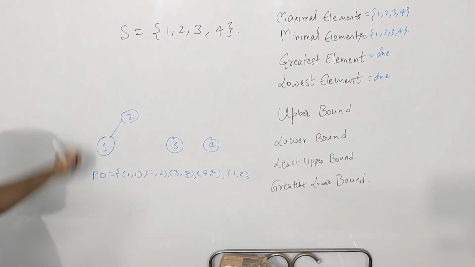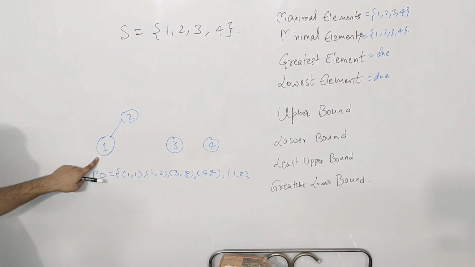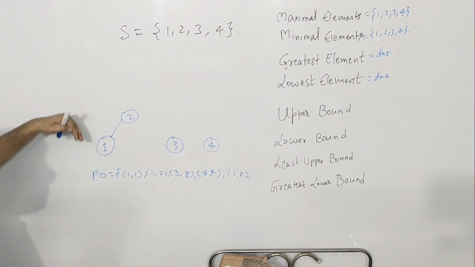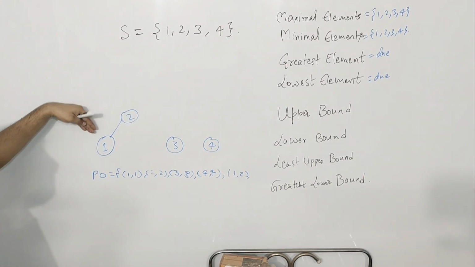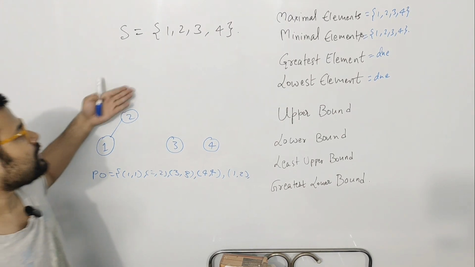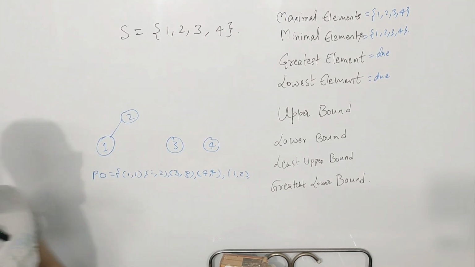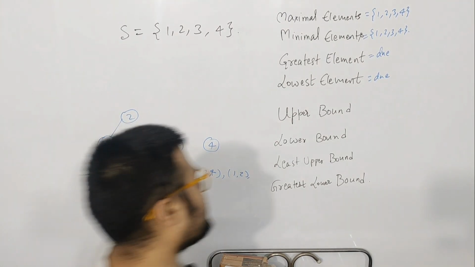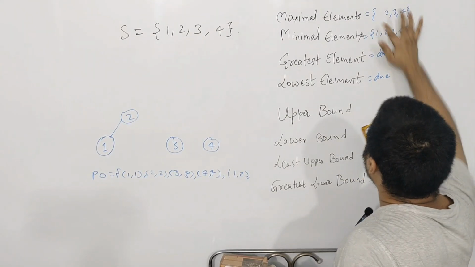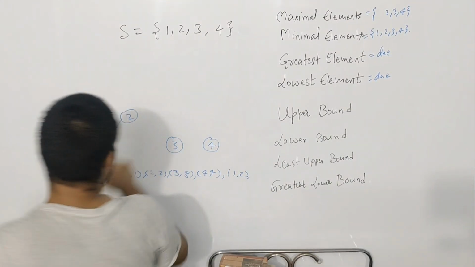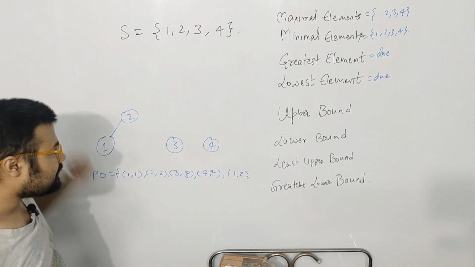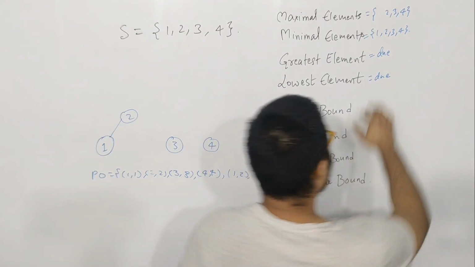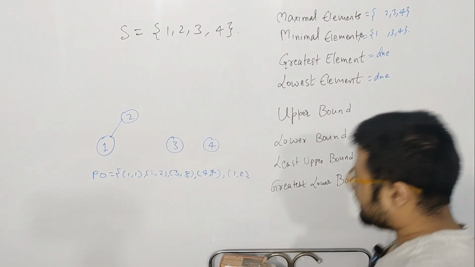But the moment you add this, 1 is no longer your maximal element, because there is an upward path to 2. So 1 is related to another element, and 1 is no longer a maximal element. And 2 is no longer a minimal element, because there is some other element that is related to 2.